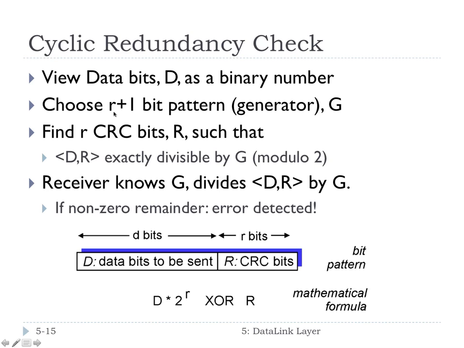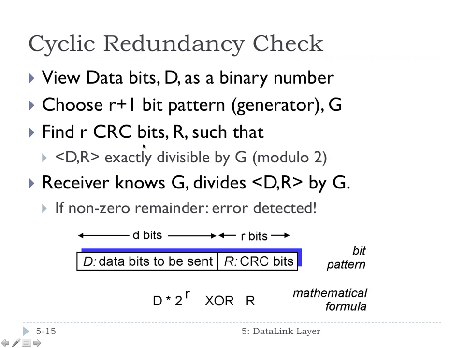We're going to choose ahead of time a bit pattern that we're going to call a generator, G. It's going to be R plus 1 bits long. And this is kind of magical. These generators are special numbers that create codes that offer good protection of the data.